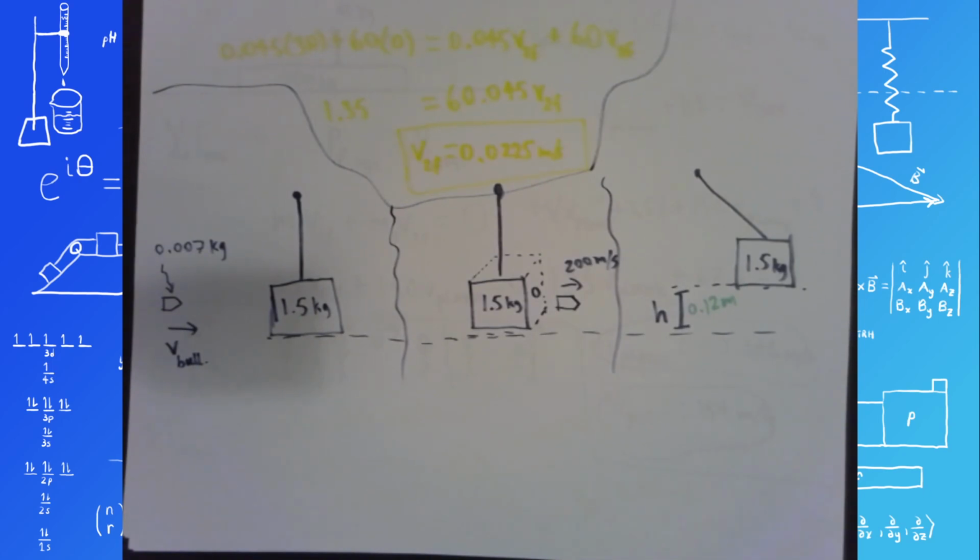It'll gain some vertical momentum downward. But we are not going to concern ourselves with that. We'll assume that the bullet moves fast enough that there's not enough time for the momentum gained due to gravity to have any measurable effect on our ballistic pendulum.